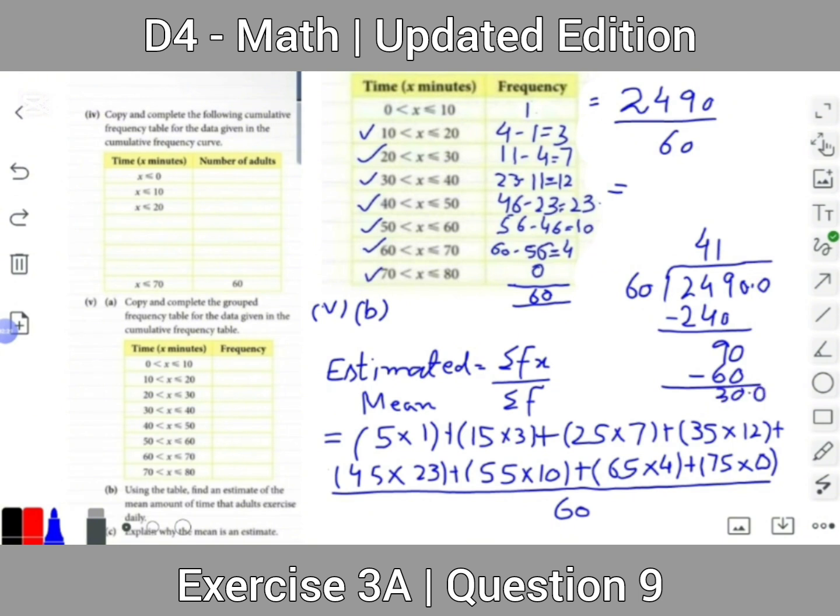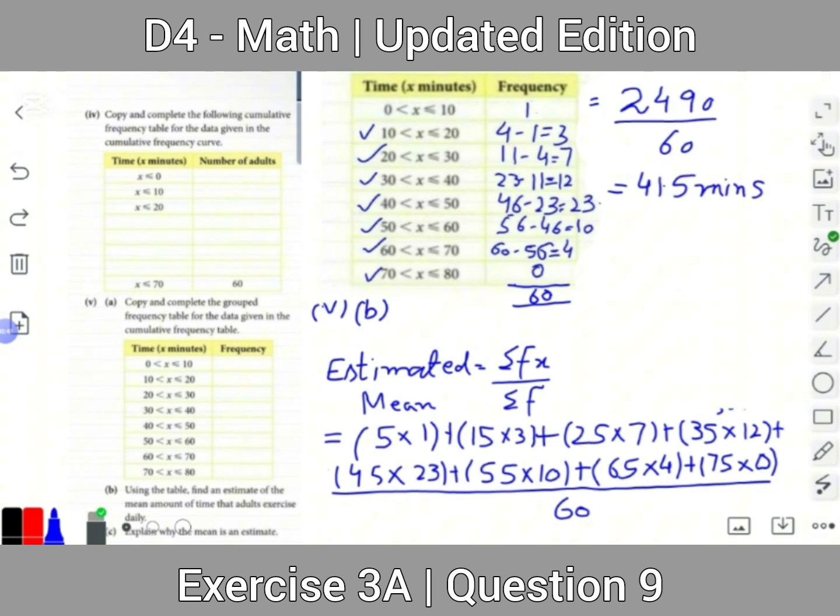So 60 times 5 gives us 300, so it will be equal to 41.5 minutes. So the mean amount of time, or the estimated mean, is equal to 41.5 minutes.